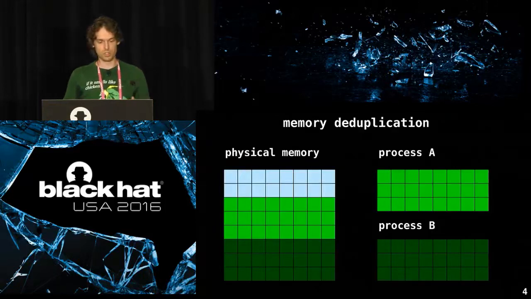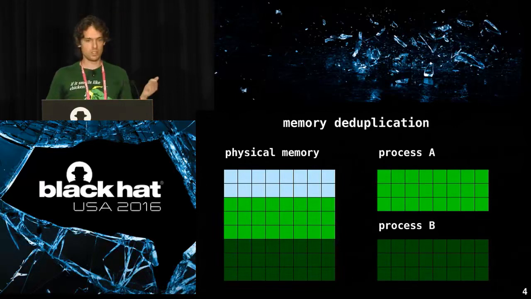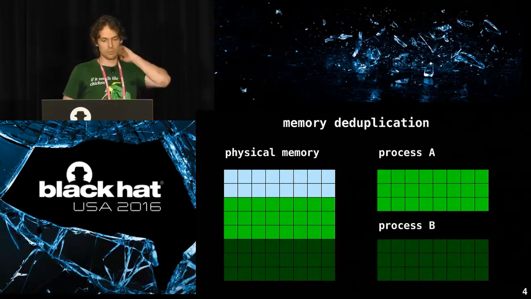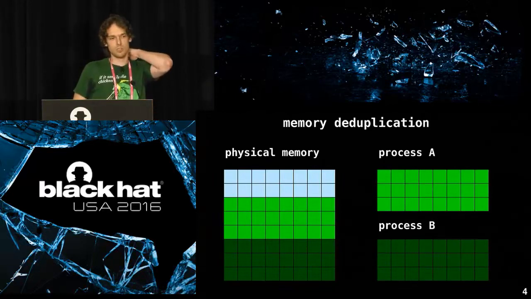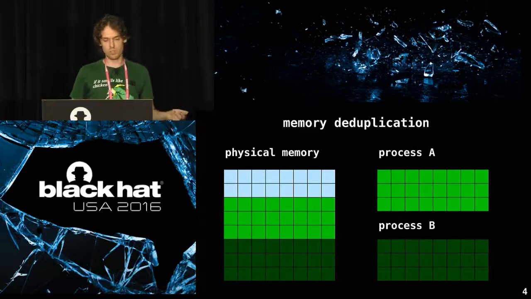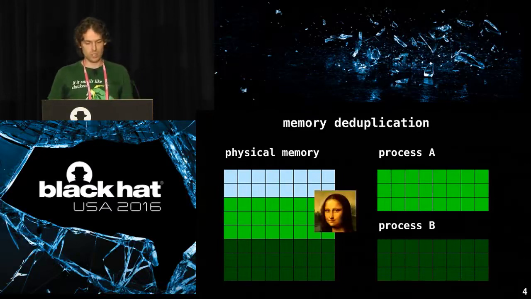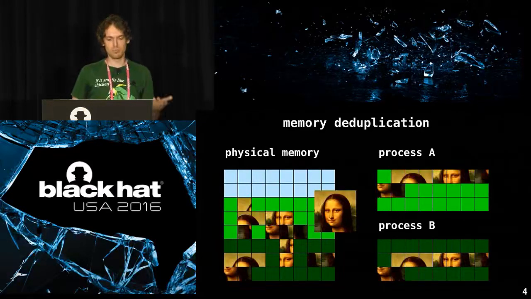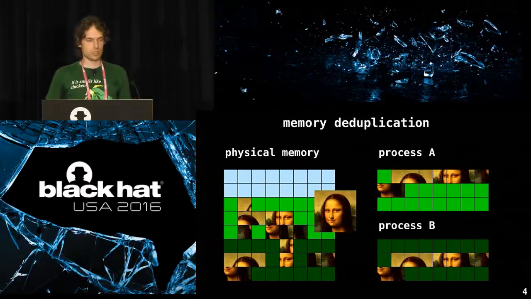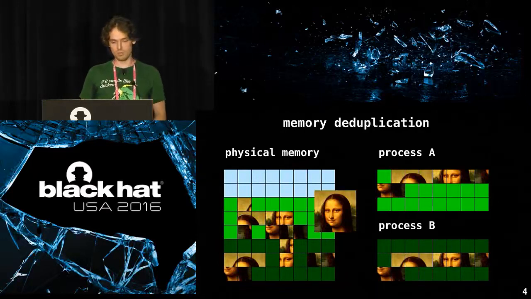So how does it work? In this case, the left side is a figure of the physical memory of the system. On the right side, you have the virtual memory of two processes. Say both processes have the same image of the Mona Lisa in their address space.